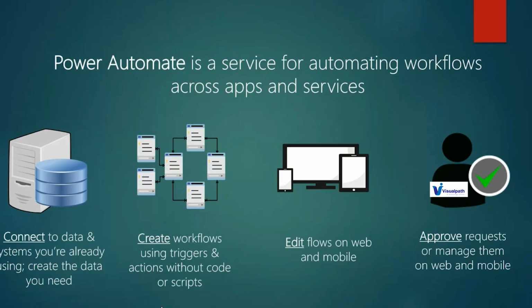A very important feature of Power Automate is that it can integrate a large number of applications together. There are about 700 connectors which allow you to create workflows for a large number of applications.